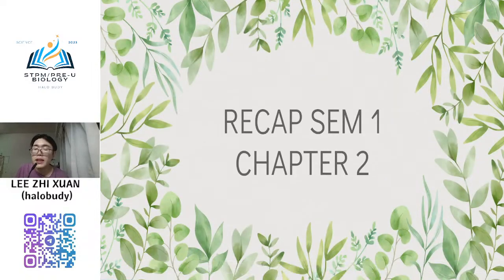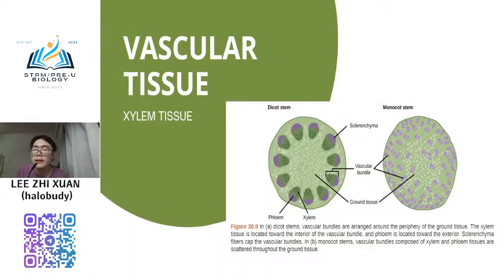Okay, so normally if you want to learn about transpiration and translocation, you need to know about the xylem, the vascular tissue. Because vascular tissue plays the important role of transporting water and also organic nutrients. If you imagine in humans, it is like blood vessels, because in humans our transport system is the blood circulatory system and also the lymphatic system, right?